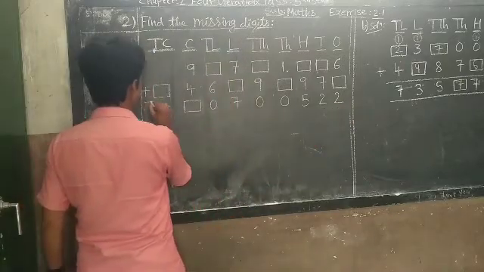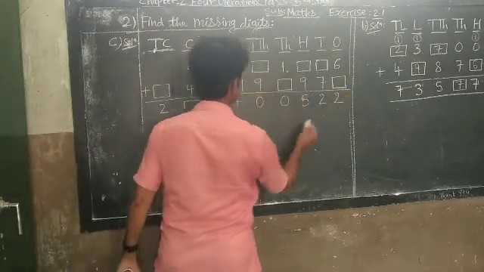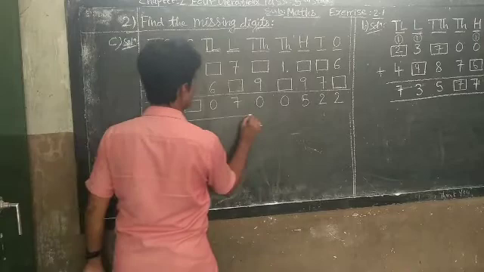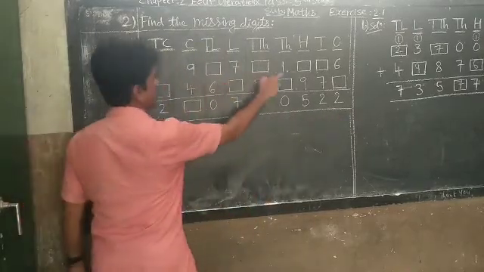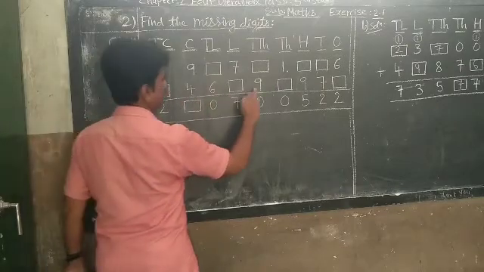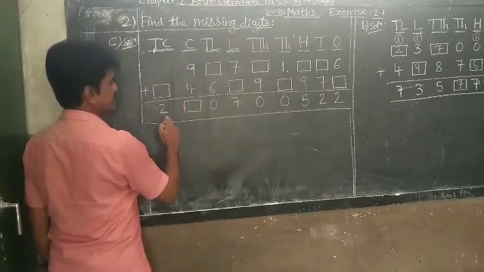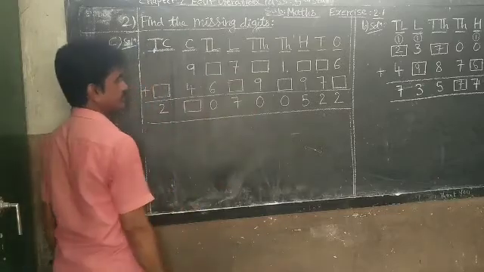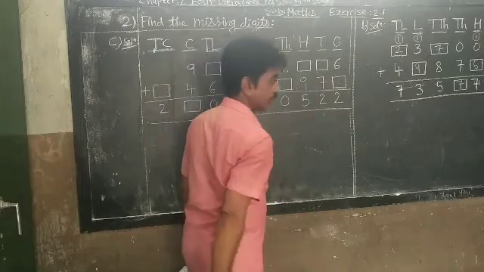Understood? So the top number and the one below, these two are addends, and this is the answer, that is the sum.